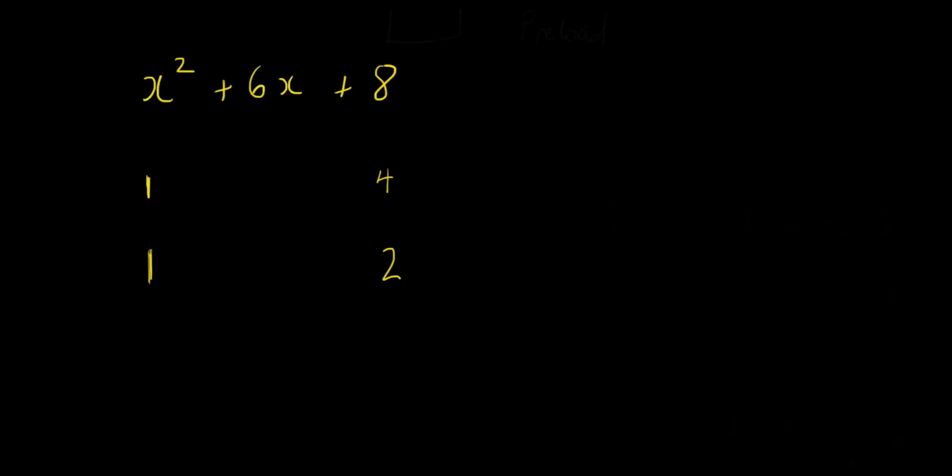What I want to do is cross multiply these numbers. When I take that number multiplied with that number, and this number multiplied with that number, and add them together, they must give me 6. I'll underline it in a different color.